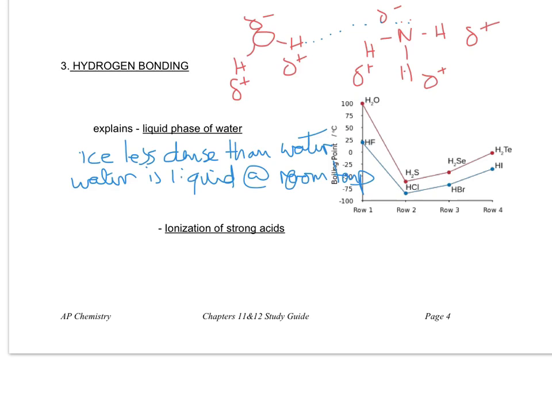What else? Ice being less dense than water keeps our ocean life. So when water freezes, when it's really cold, the ice floats, and so the warmer water stays on the bottom for all the sea creatures and living things to stay alive there. That's also how we maintain the temperature or the climate on our planet, because of the large bodies of water.